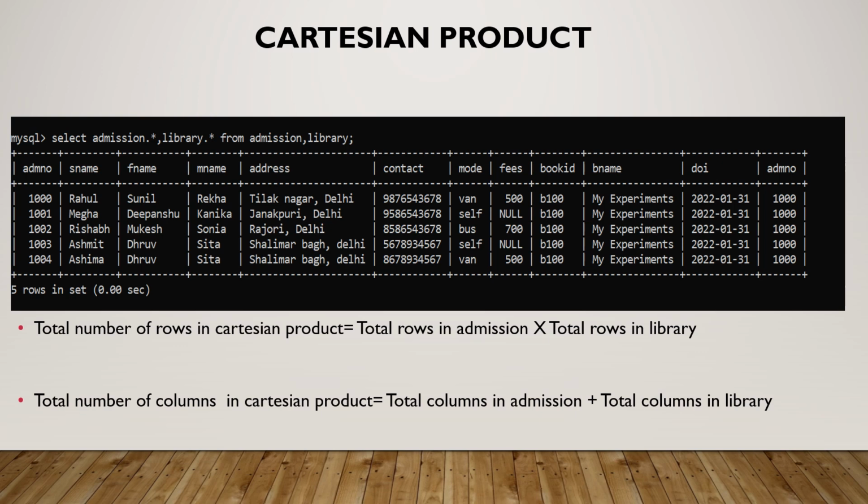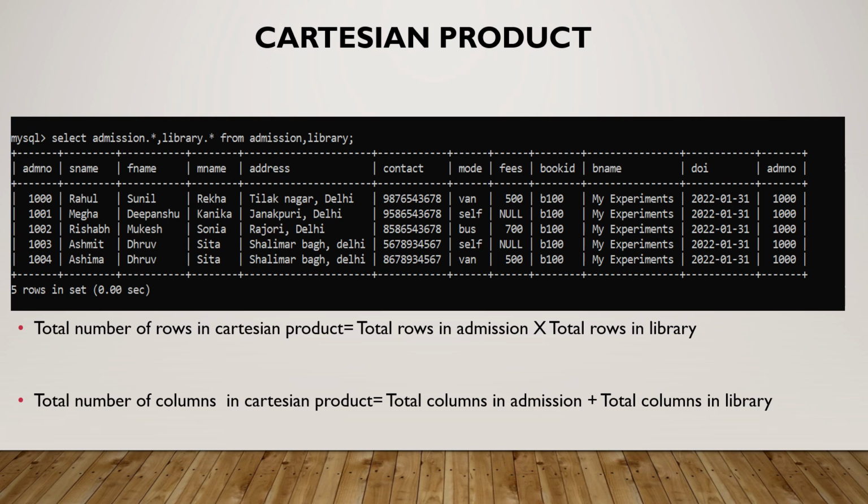Initially, how many rows did I have? Let us observe. In the admission table, we had 1, 2, 3, 4. We had one row in the library table. And that one row of the library table is now connected to all the rows of the admission table.